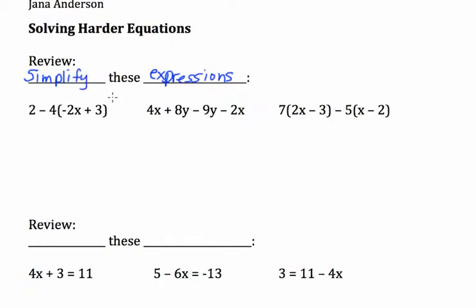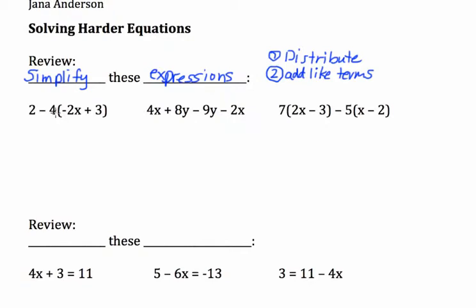When you simplify expressions, you want to first distribute, and then add like terms. So first one, the distributive property.